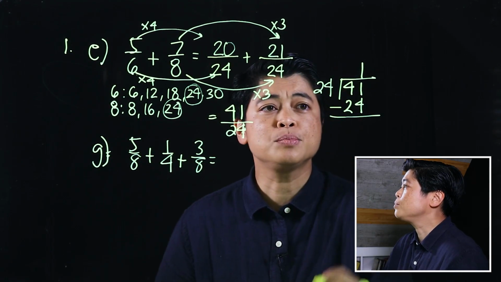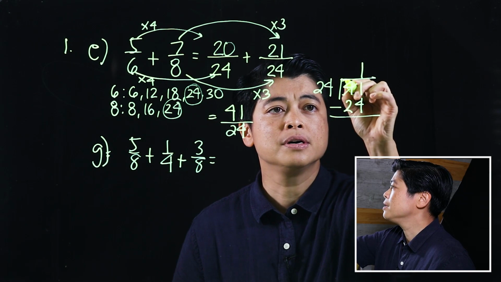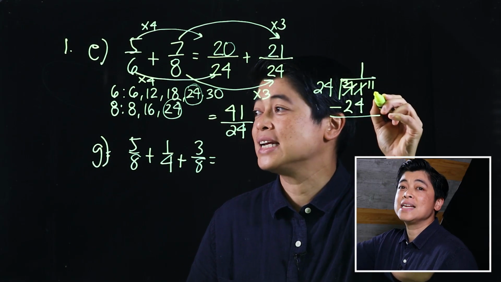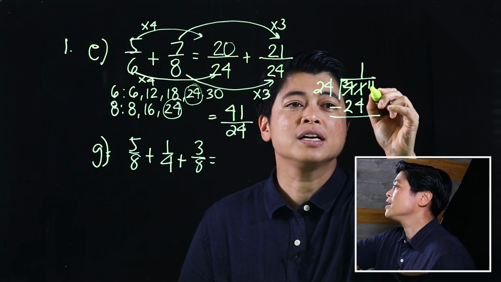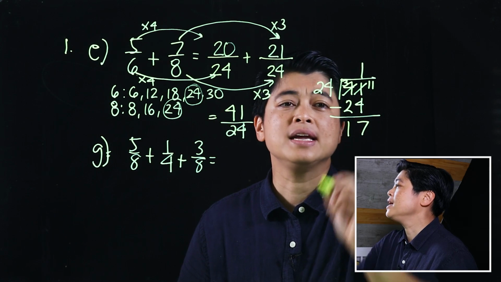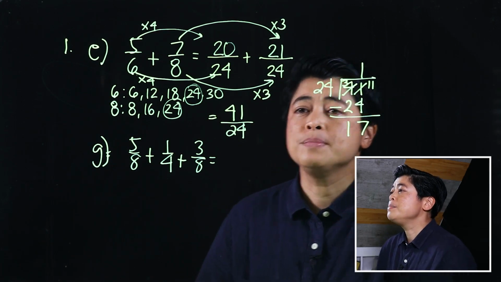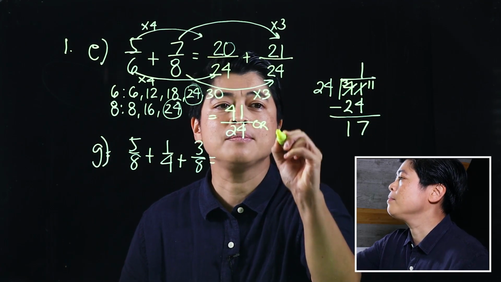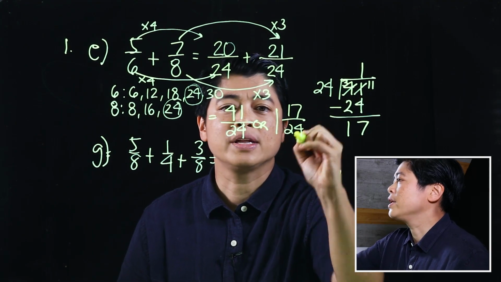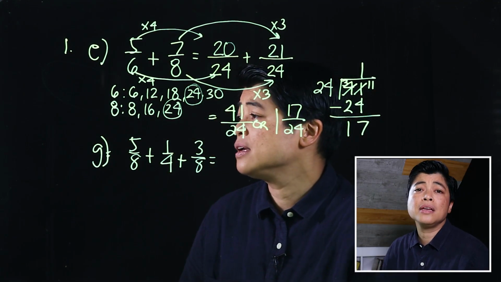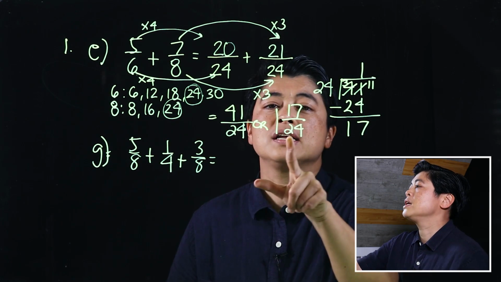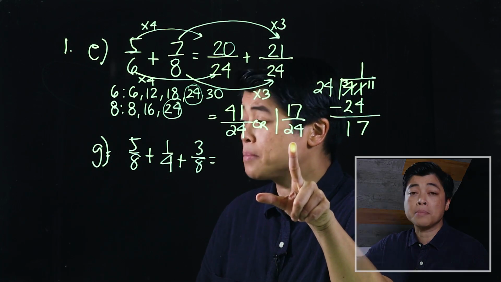Then we will subtract. Borrow 3, that will be 11. From 4, we need 6 to get to 10 plus 1. So that's 7, and then this will be 17. So this is also the same as 1 and 17 over 24. Again, depending on the instructions, you can stop as a fraction or as a mixed number.